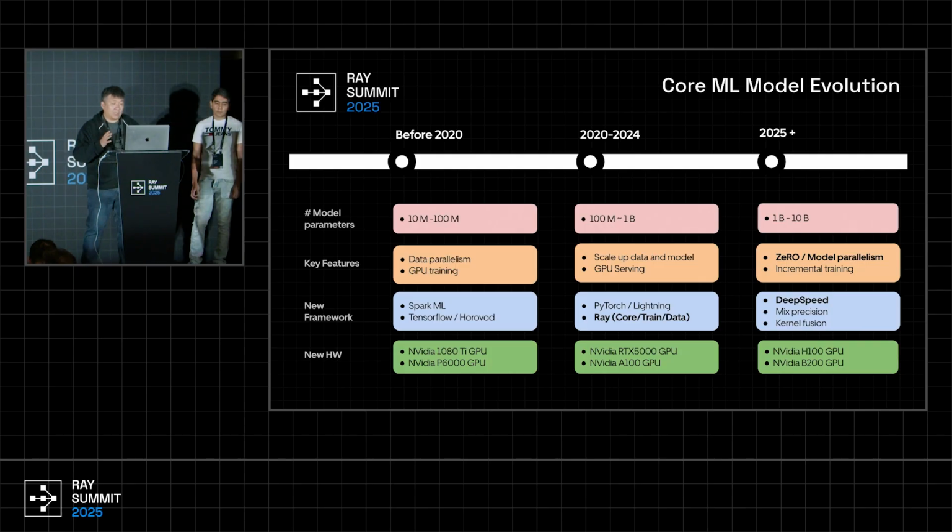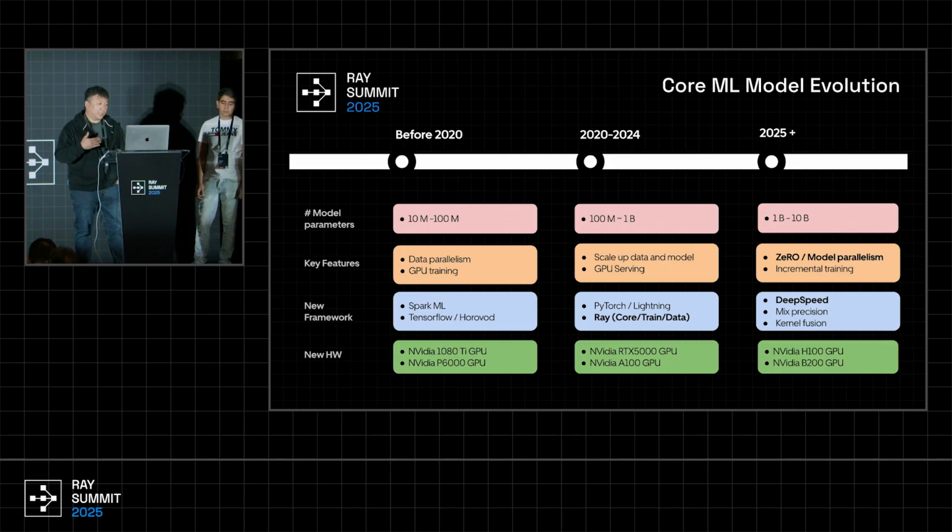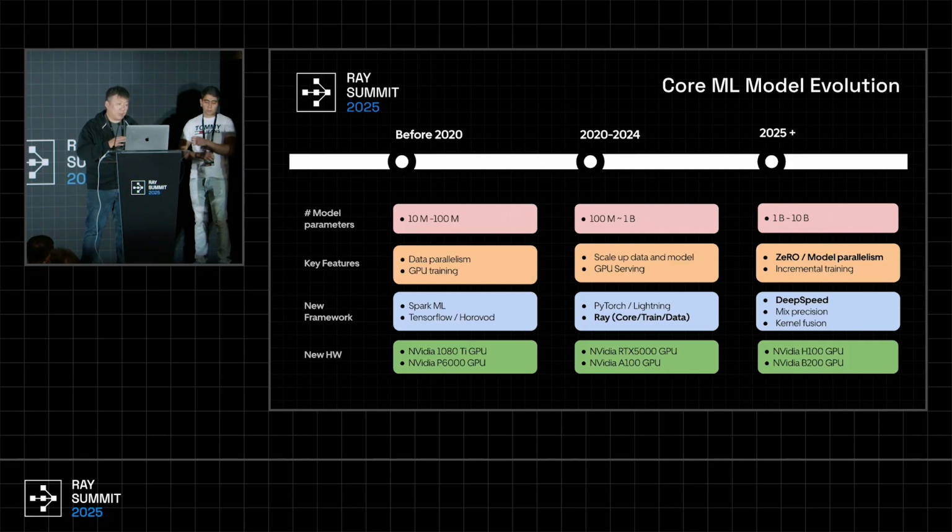Two years ago we already shared our fine-tuning framework for large language models, so this time we will focus on core ML. For core ML, you can see our model size is becoming larger and larger through the years. We evolved from data parallelism to model parallelism, or ZeRO from DeepSpeed, and we also evolved our framework from TensorFlow and PyML to PyTorch.